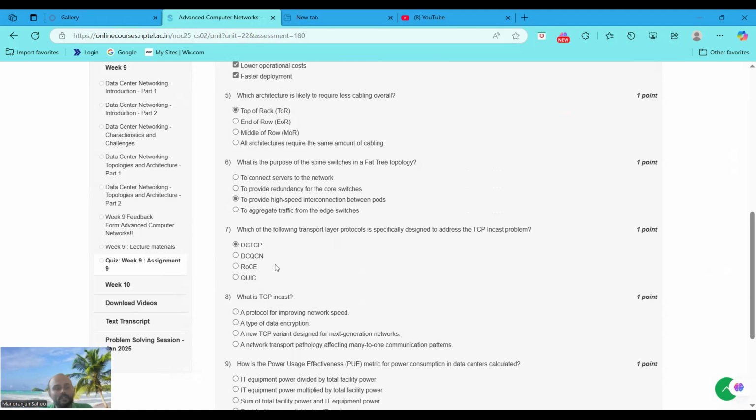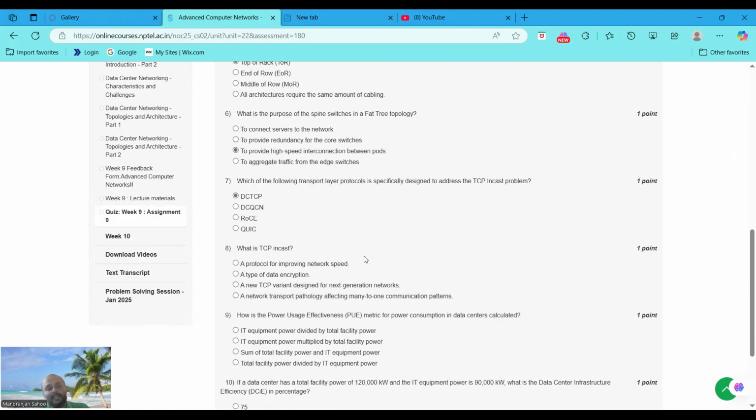Now moving to question number 8. What is TCP incast? TCP incast is a network transport pathology affecting many-to-one communication patterns.